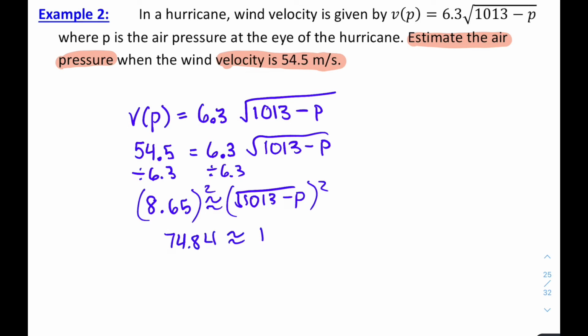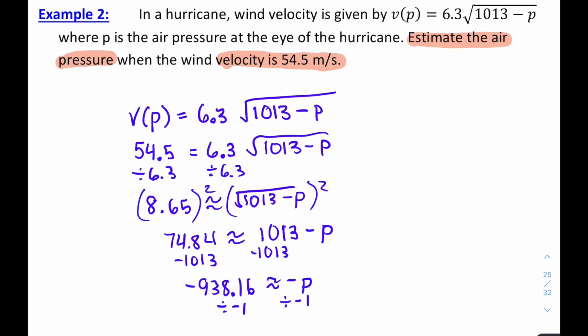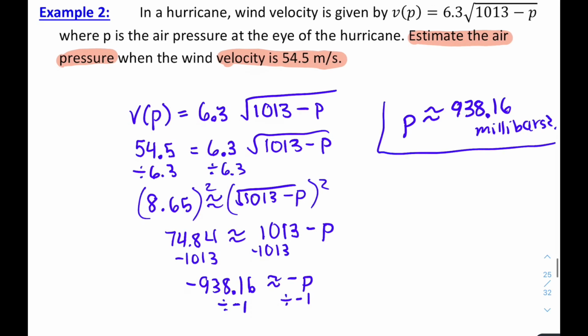And then I'm just going to subtract 1013, which will give us approximately -938.16 equals -p, and divide both sides by -1. So our air pressure is approximately 938 millibars, I think maybe that's what it's measured in, when we have a wind velocity of 54.5 meters per second.